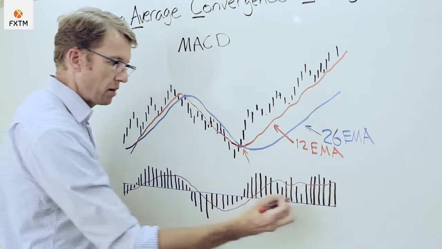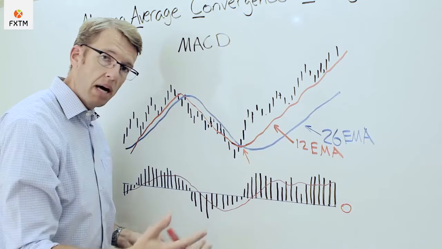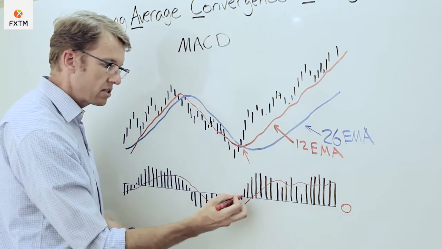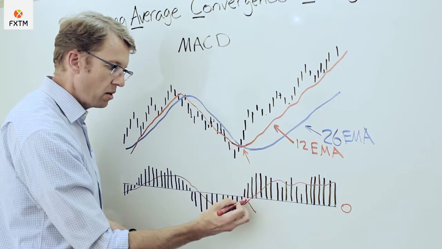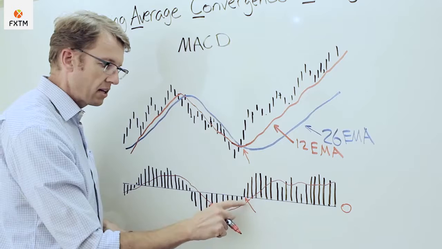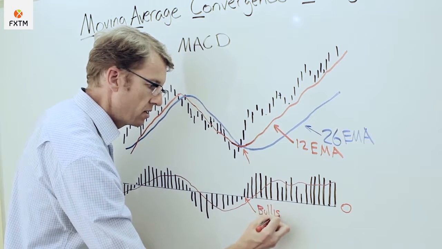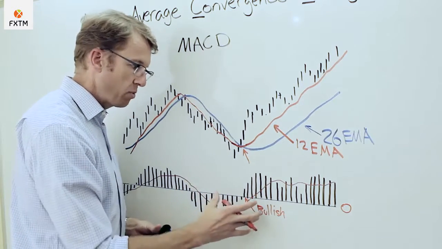So you can see here, for example, the MACD is crossing above or below a zero line. Now it's unbounded. It can go as high as it needs to or as low as it needs to. And when it crosses above, so I have the MACD drawn here as a histogram, when it crosses above its zero line, then that's a bullish indicator, telling us that the fast period moving average has crossed above the slow period moving average.